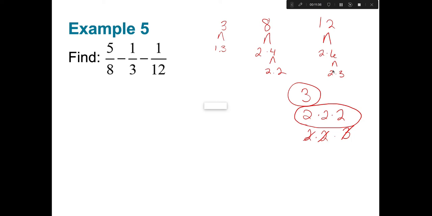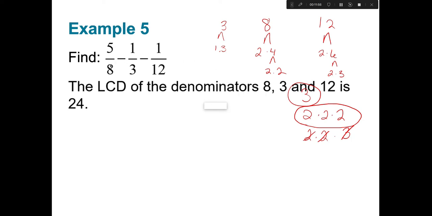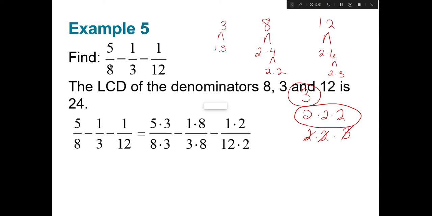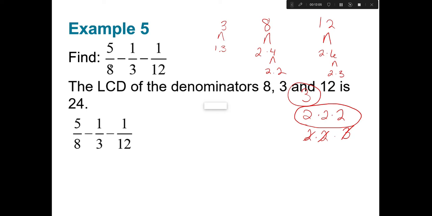So we're switching all of those to 24 for the denominator. If I have 5/8ths and I need to switch it to a 24 denominator, what do I have to multiply my 5 by? 3. So that becomes 15. I'm going to tell you too many answers. So I have 15/24ths.